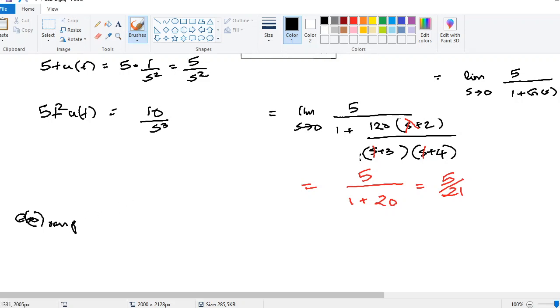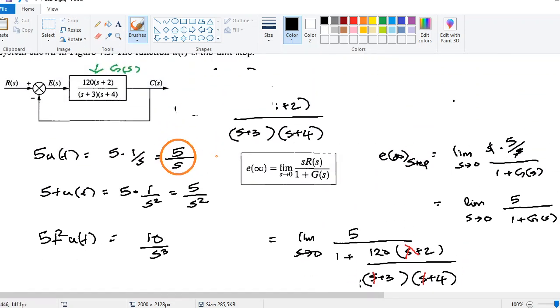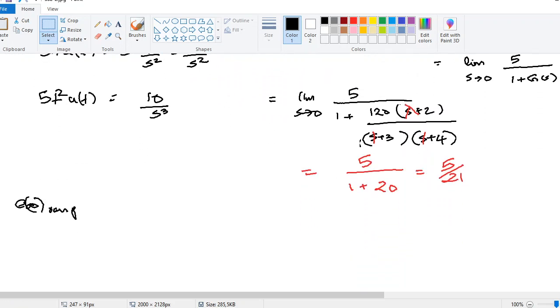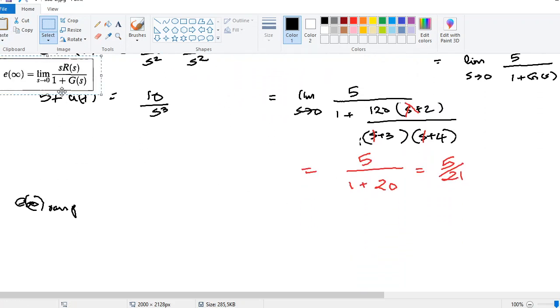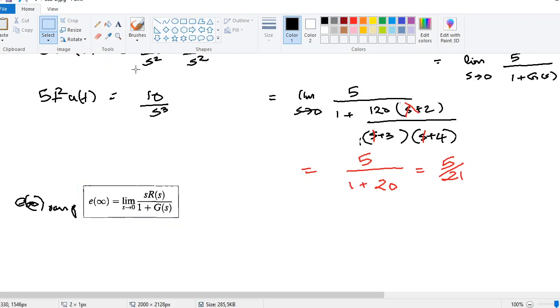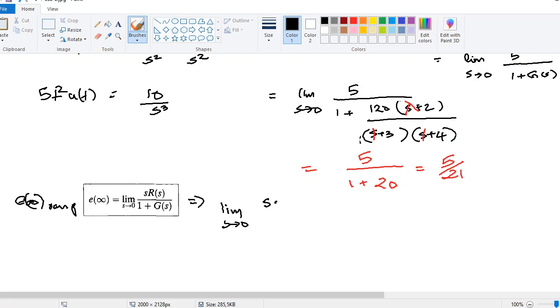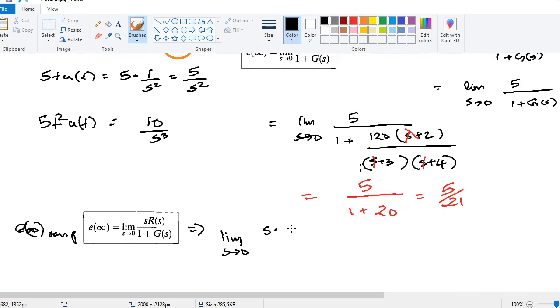And if you take the same equation, that is e of infinity, this becomes limit s tending to 0 s into, what was it, 5 divided by s squared.